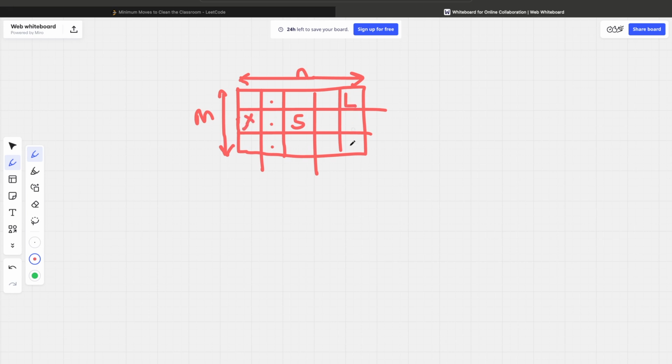We have litter here, we have litter here. Let's consider we have R, where you can regain your original amount of energy again. So let's say this is our grid. What the question states is that you are starting from S. You need to collect all the litter that is present in the grid in the minimum number of moves.